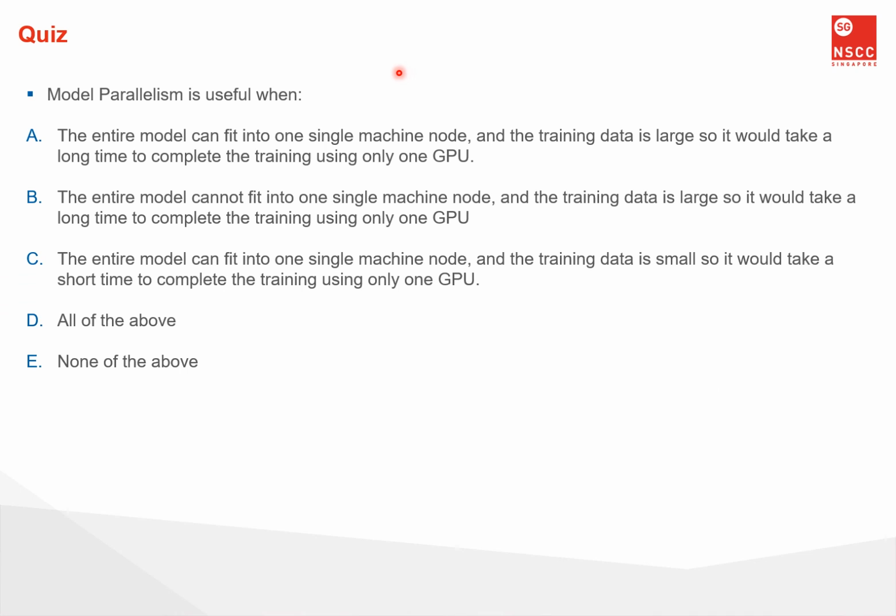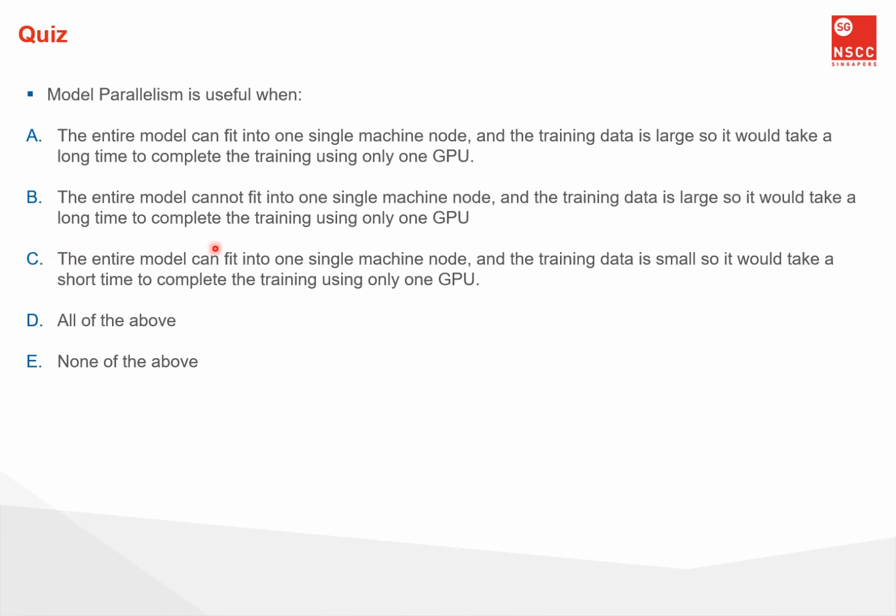So here's a quick quiz to see if you understand. Model parallelism is useful when A, the entire model can fit into one single machine node and the training data is so large that it would take a long time to complete the training using only one GPU. B, the entire model cannot fit into one single machine node and the training data is so large that it will take a long time to complete training using only one GPU.